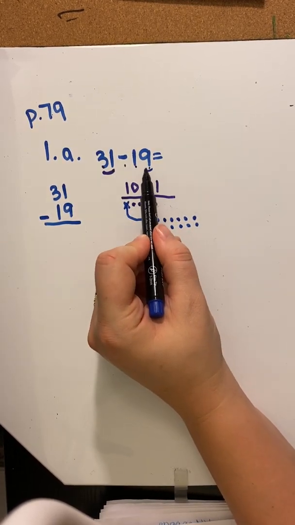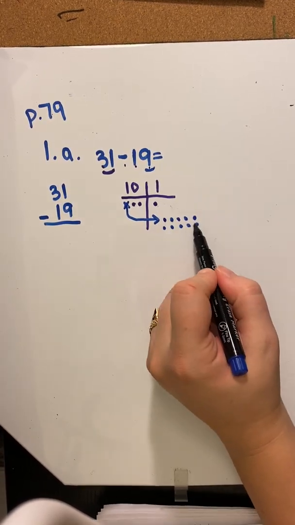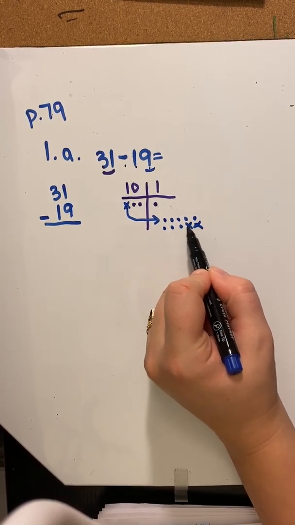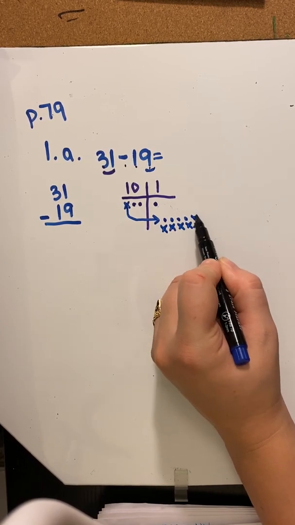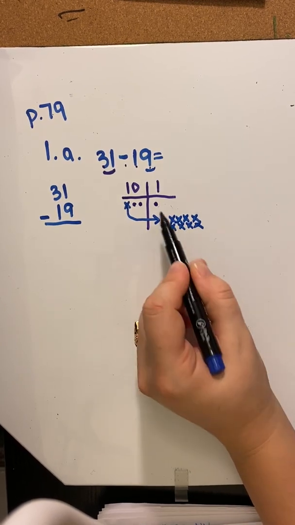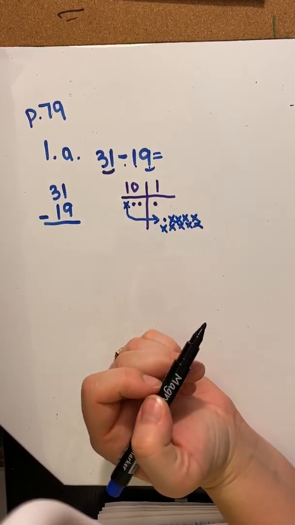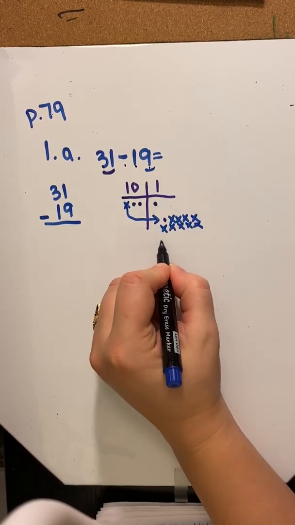So let's go ahead and take away our 9 first. So 1, 2, 3, 4, 5, 6, 7, 8, 9. And how many ones does that leave us with? That leaves us with 2 ones.